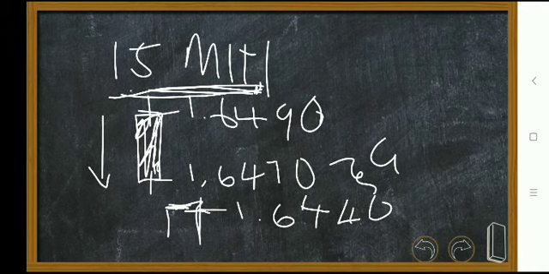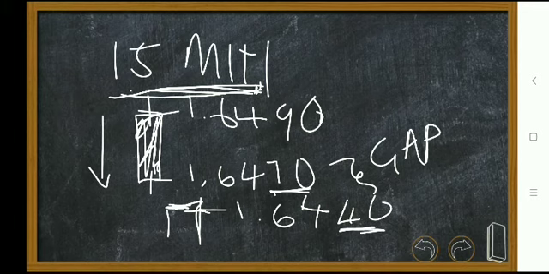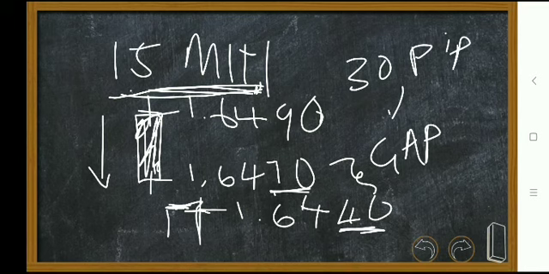It means price gapped down in this situation. As you can see, the closing price of the previous candle was 70, and this one is 40. That means we had a 30 pip gap. Price gapped down by 30 pips.